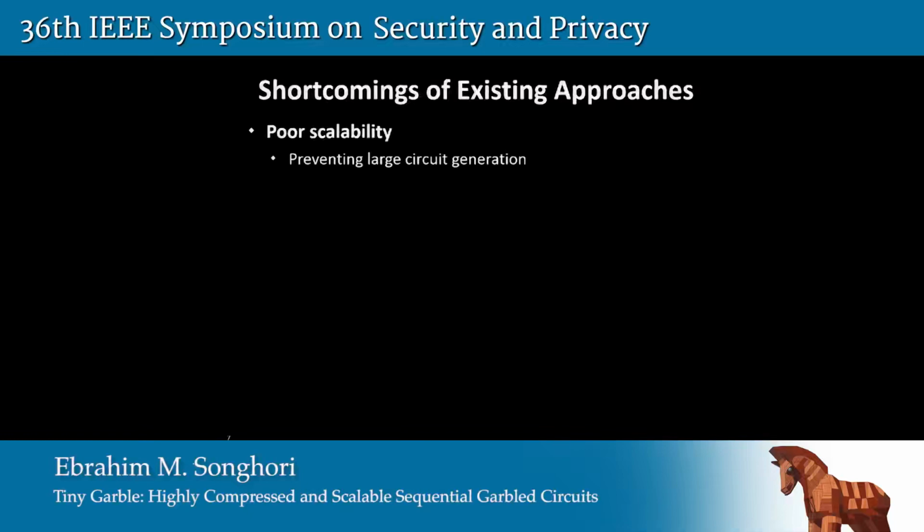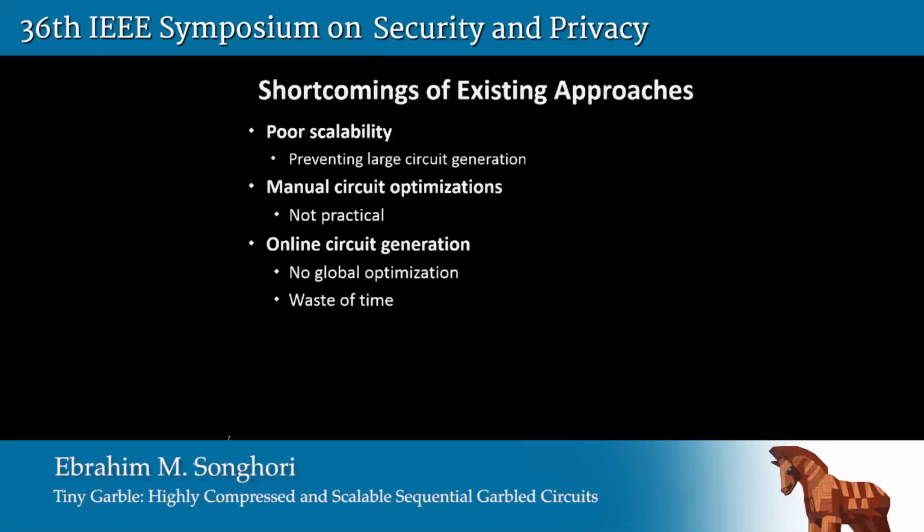Poor scalability: many of these works have poor scalability and prevent users from making a large circuit. And some of them ask users to manually optimize their circuit, so they don't provide any automatic tools. Also, some of them use online circuit generation, which doesn't provide any global optimization for the function because we don't have the circuit at the time, so we cannot optimize it. Also, it's a waste of time of garbling.